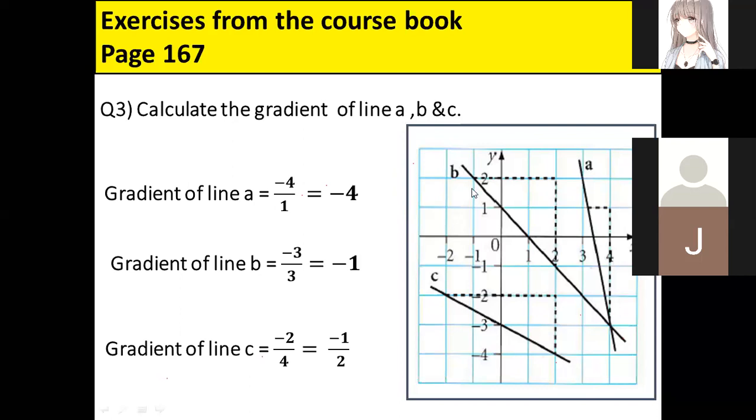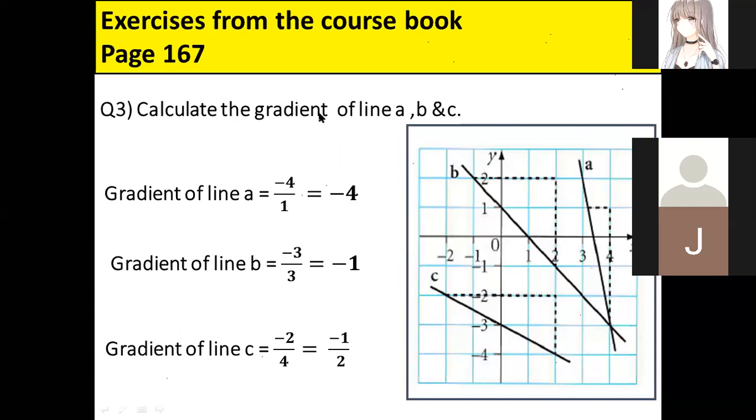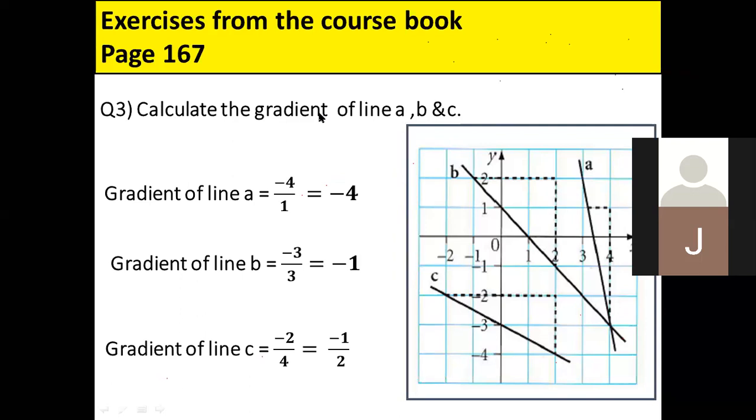So I will just repeat what we said because Bashar just joined us. We find the gradient of the graph. The gradient is the steepness of the graph. It can be a positive number if my line is increasing, and a negative number if my line is decreasing. How do we find it?